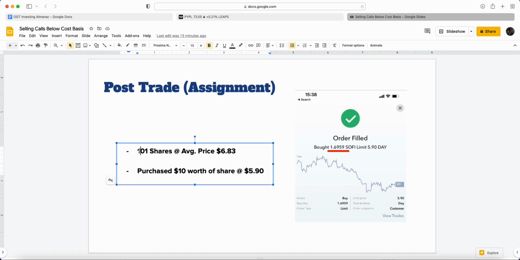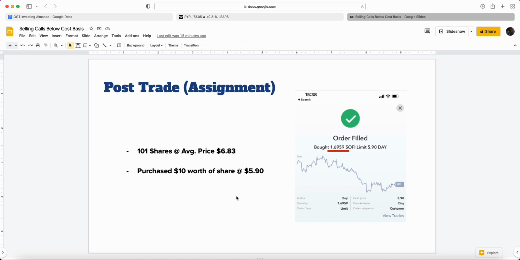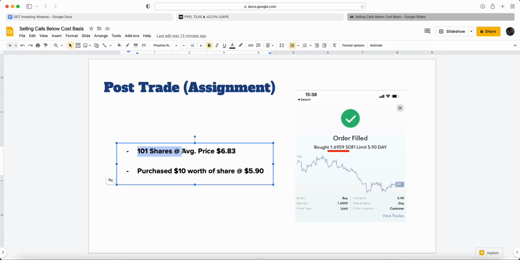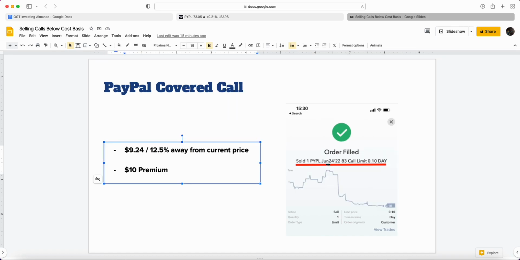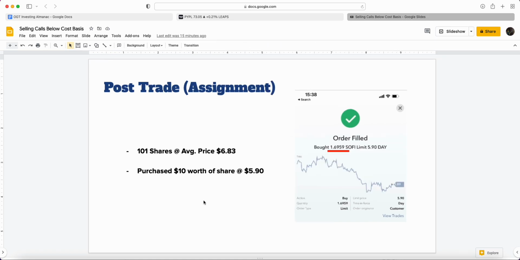Now, I only own 101 shares at an average price of $6.83. So buying 1.7 shares reduces my cost basis further. And these are 100 shares I have bought with premium. So examples like this, all of these $100, $20, whatever I make, I go and buy shares in SoFi.